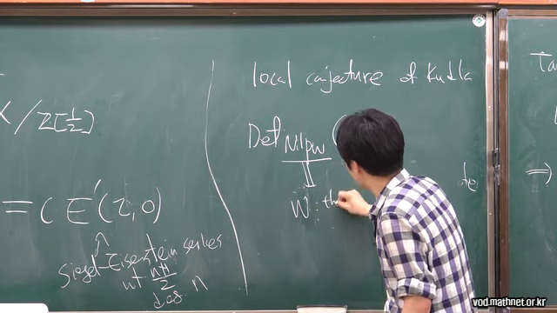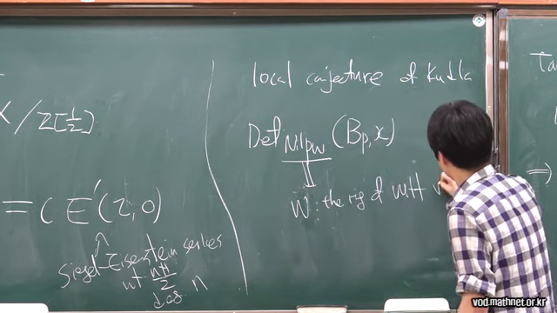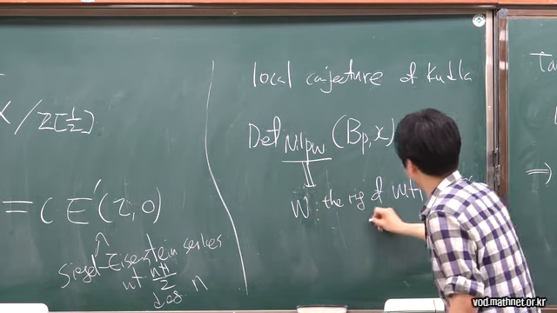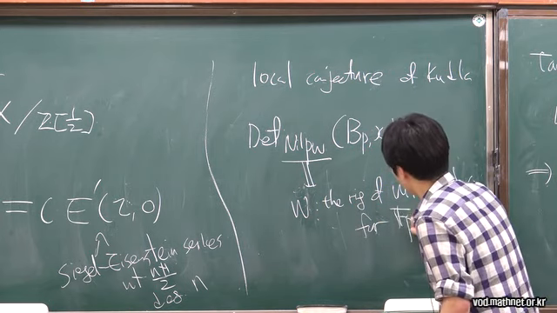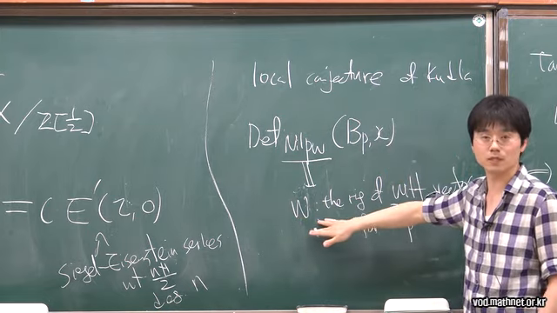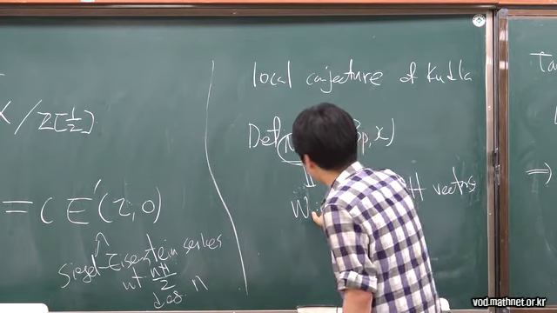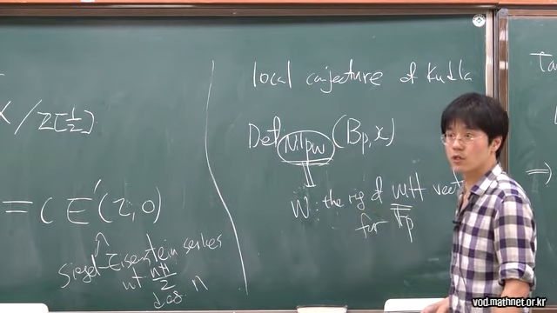W is the ring of Witt vectors for F_p bar. So we can roughly consider this as the maximal unramified extension of Z_p. And then this is the category of all W-algebras such that p is locally nilpotent.